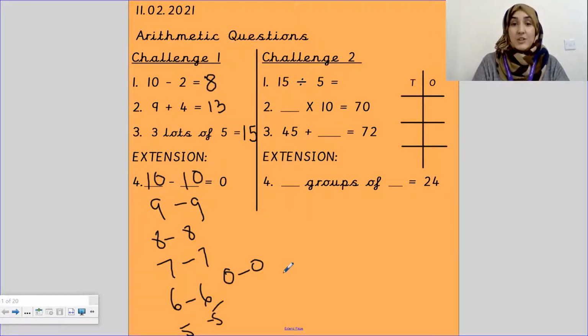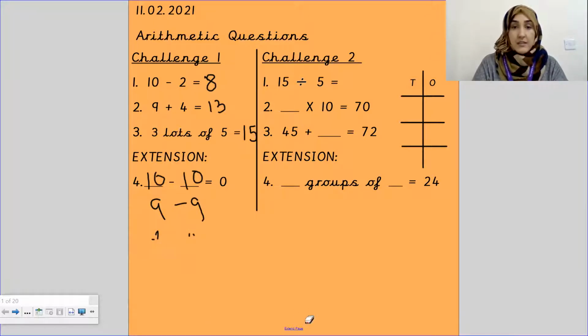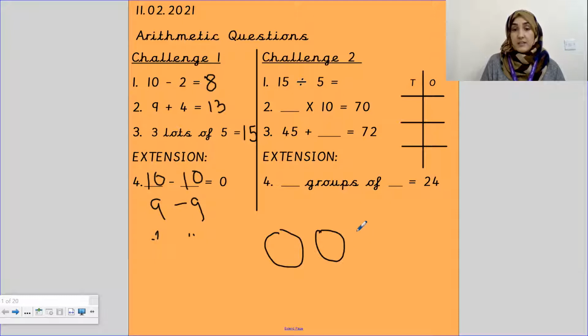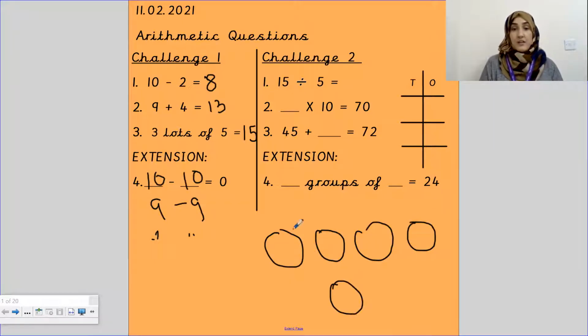Okay, let's move on to challenge number 2. Question number 1. So the first question that we have is 15. There are 15 objects and they are shared equally into 5 groups. So here are 5 groups. This is how you would work it out. Now, you need to have 15 objects.